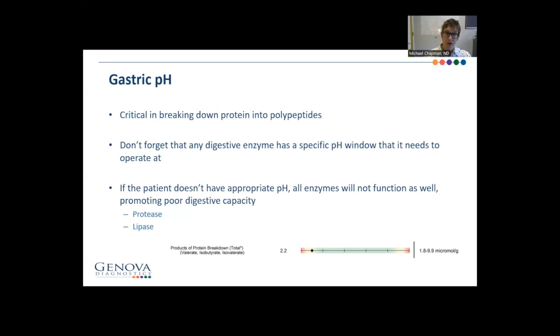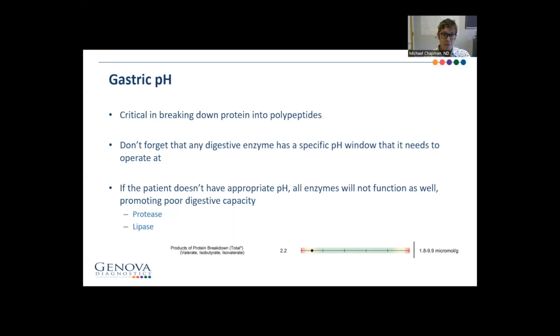So adjustments, alterations in pH not only inhibit your ability to break down things and proteins just because of the acidity, but they also will impact how well the enzymes are functioning. So that's important to keep in mind, that pH has kind of a two-tiered element to it. If the patient doesn't have appropriate pH, like I mentioned, the enzymes won't function as well.